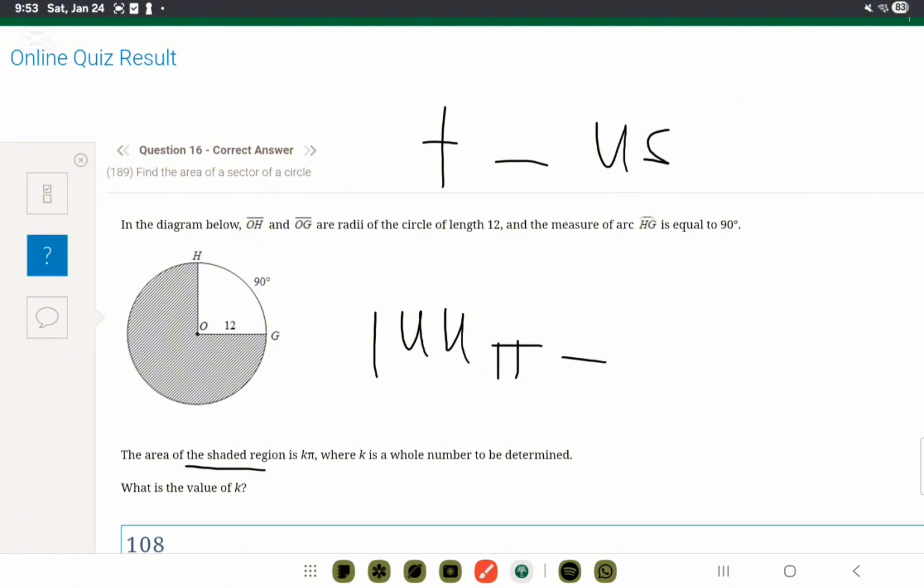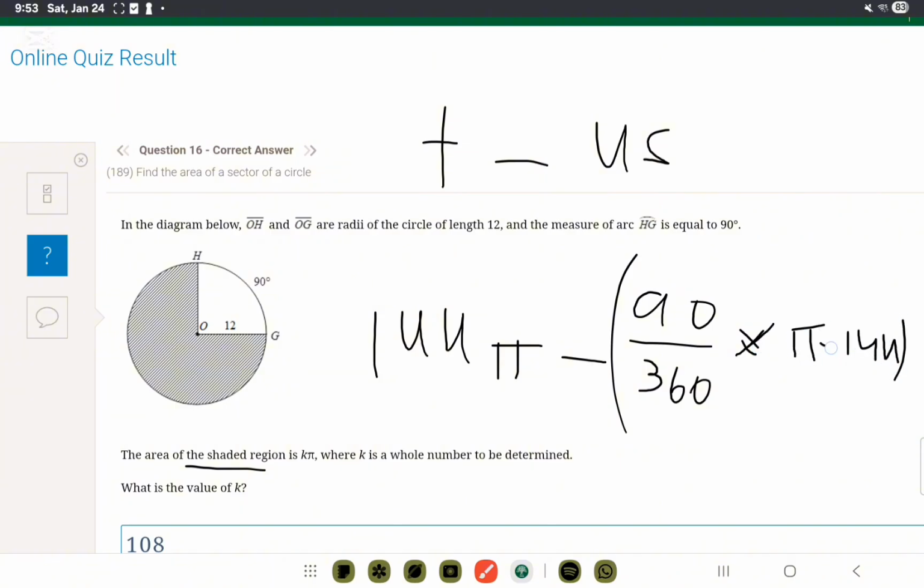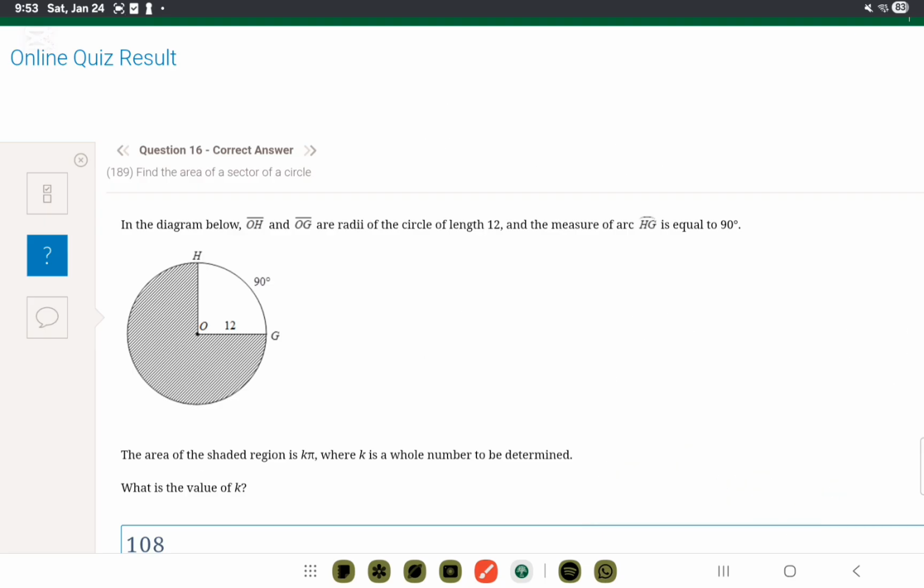Now we have the angle, 90 over 360 times 144 pi, which is r squared. We're going to get 108 pi, which is correct. Let's go.